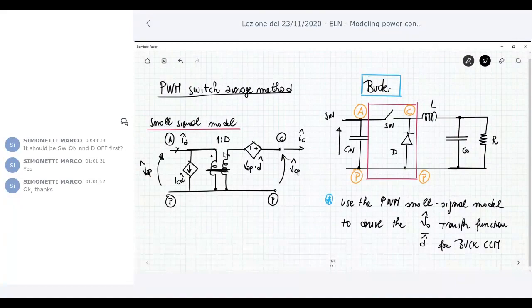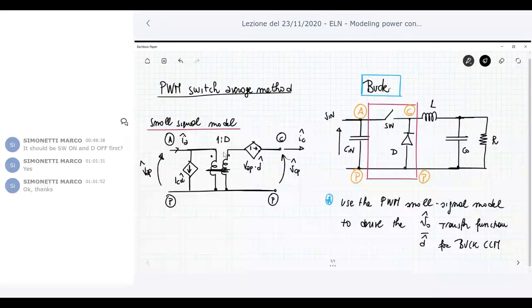This is the model of the PWM switch network, and once we derive this model, we can apply it to all kinds of converters we want to analyze, because for any kind of converter, we can always extract a network, called a switching network, which has an active, a passive, and a common node. Whatever the switch mode converter is, we can replace the switch network by using this model.